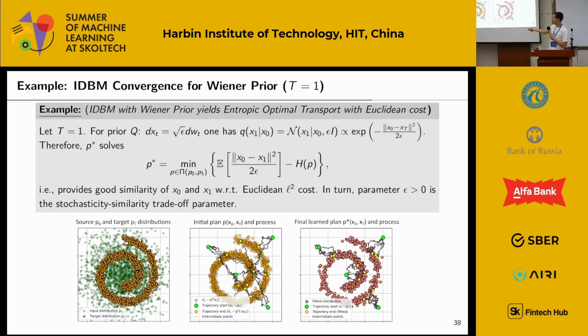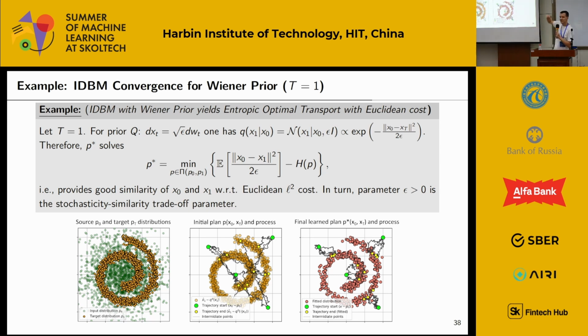And here is an example of how this procedure works when you need to transform your Gaussian distribution to the Swiss roll distribution. So you take your initial coupling from which you start. It is just a reciprocal independent process, so an independent product of Gaussian distribution and Swiss roll distribution, and these are just some trajectories. So you see, this is something very chaotic, yes?